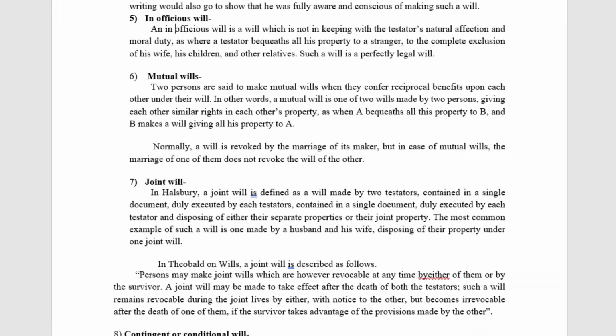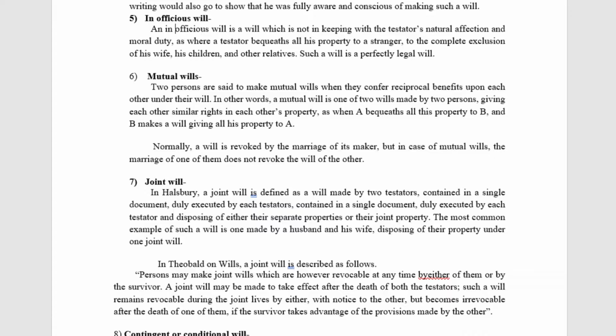Now when the parents become old, it is the normal trend that the children will not take care of their parents. They will forget how much care and interest was taken by their parents when they were young. So in order to exclude such children, a person can make a will and may devolve his property even to a stranger. That aspect we can see under the officious will.